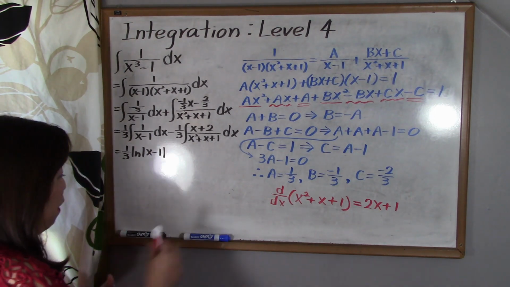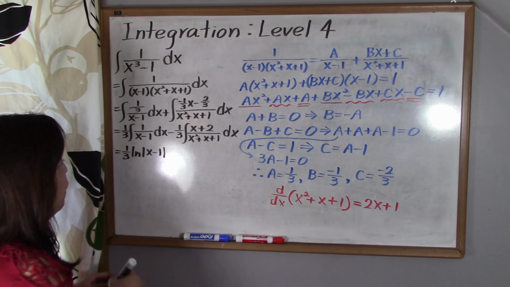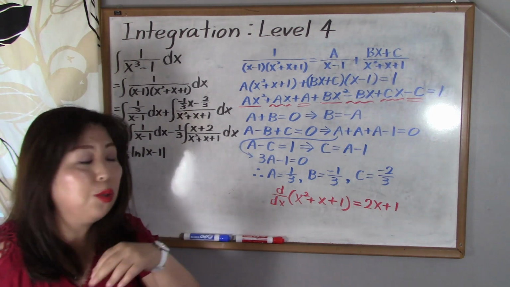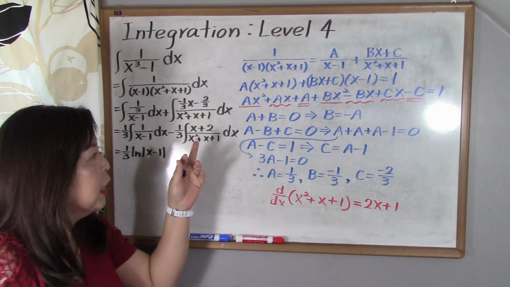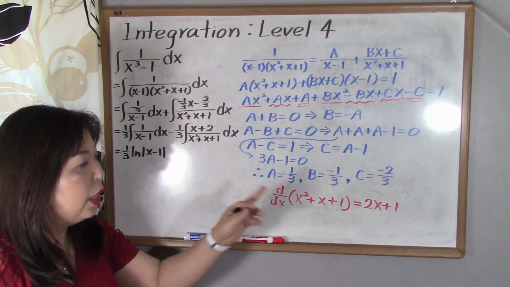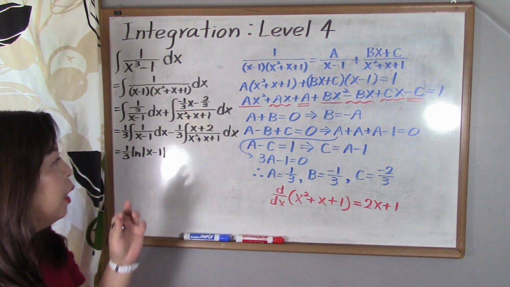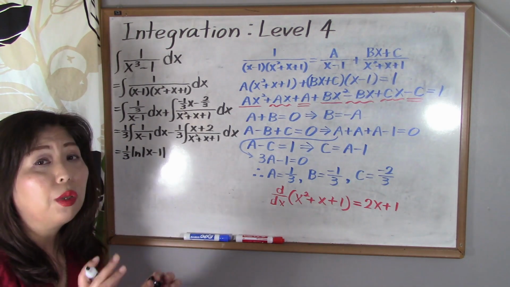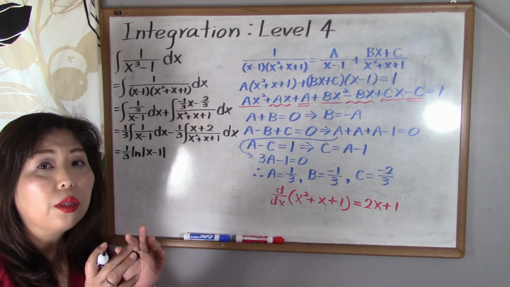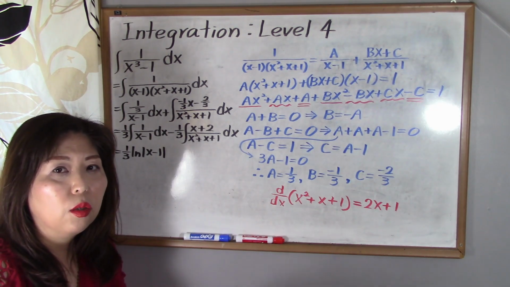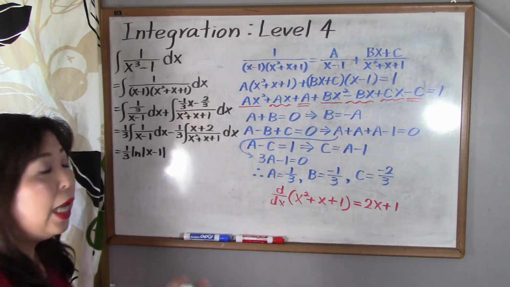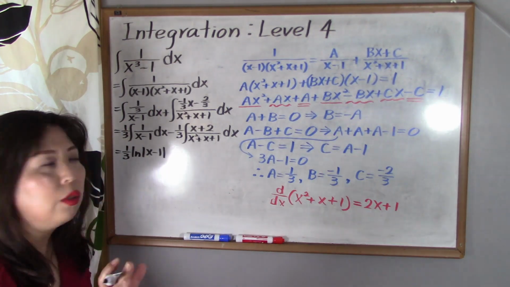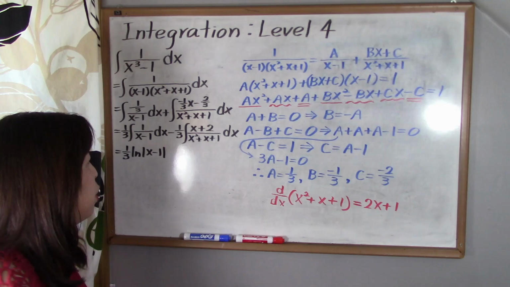Okay? So how are we going to do it? We're going to multiply the numerator by 2 and then make 2x plus 4 first. However, we don't want to change the value of the expression. That is why we're going to multiply by 1/2 again as well. And then 2 times 1/2 is equal to 1. So we don't change the value of the expression at all.